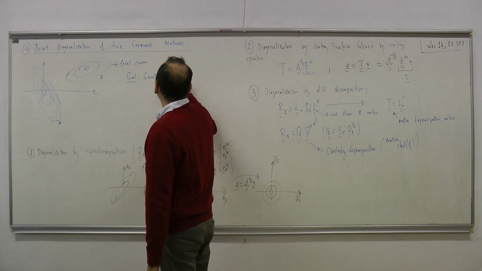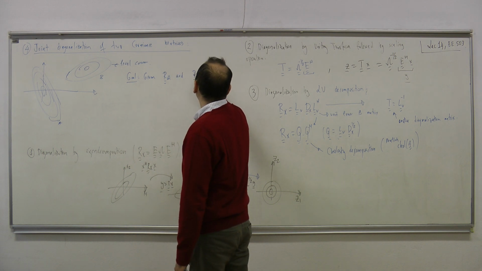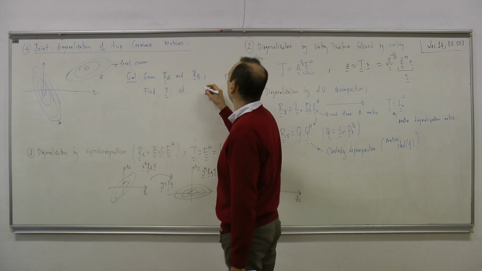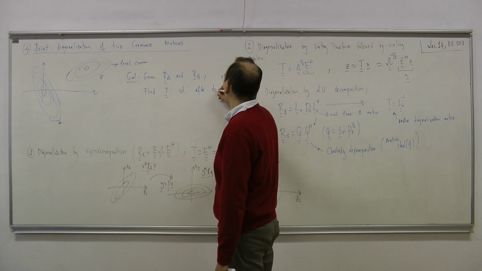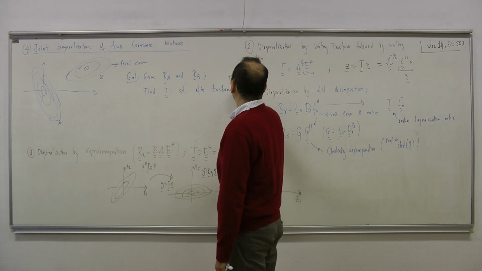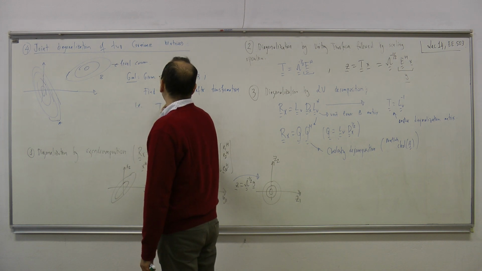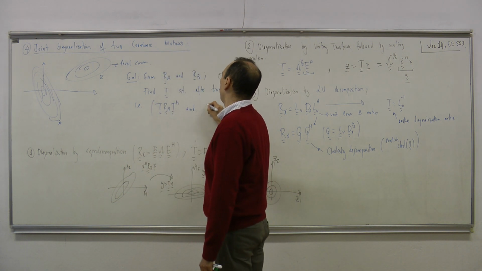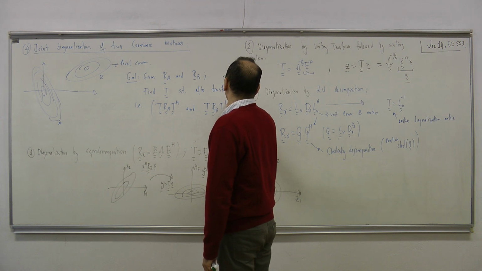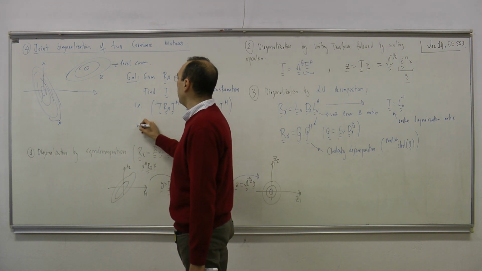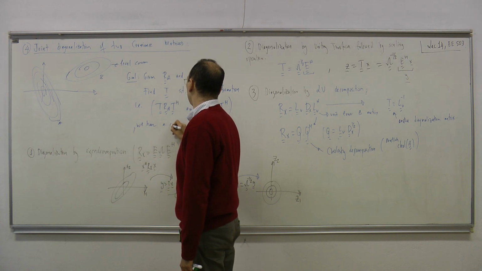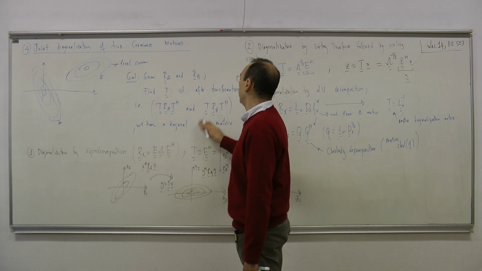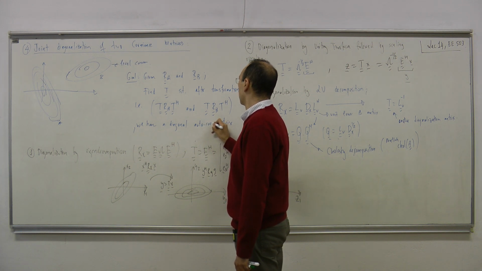Given RA and RB, find T such that after transformation, i.e. T RA T Hermitian and T RB T Hermitian, we have a diagonal covariance or autocorrelation matrix.